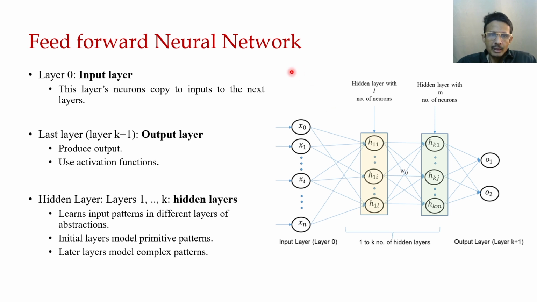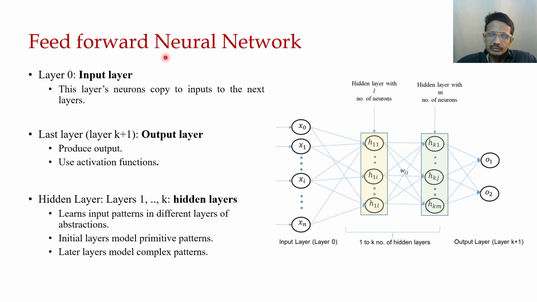Now we have to understand the input layer, output layer and hidden layer. These three types of layers in this neural network make up what we call a feed forward neural network. Why this name? I'll come to that next.